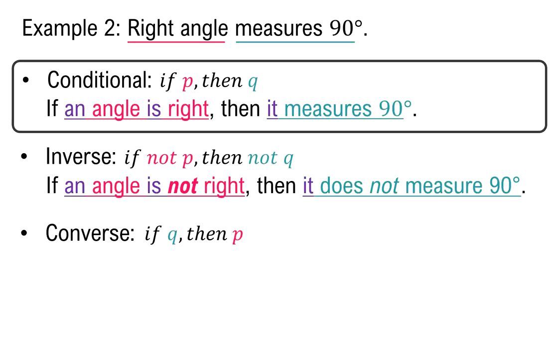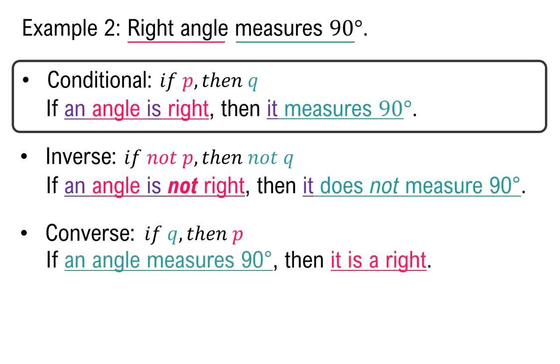So, converse, switch lang natin or interchange lang yung position ng hypothesis and conclusion. So, we can write yung converse statement natin as if an angle measures 90 degrees, then it is a right. So, our conclusion would be an angle measures 90 degrees at yung atin namang hypothesis would be it is a right.